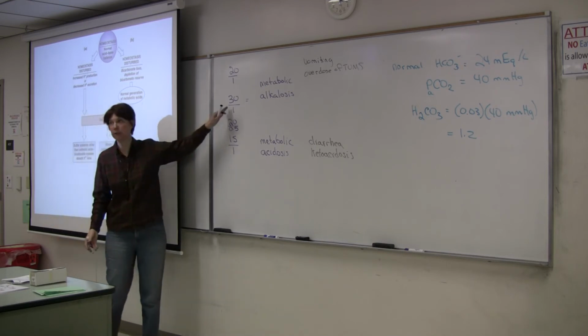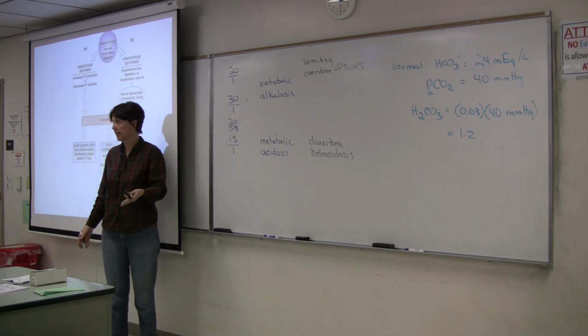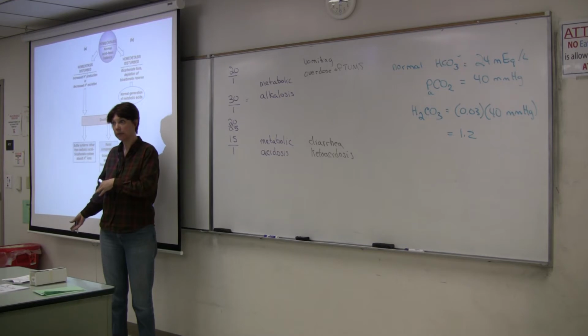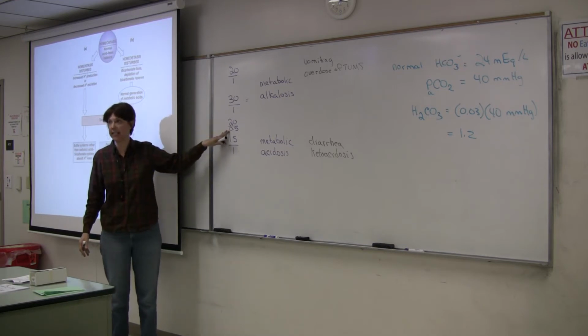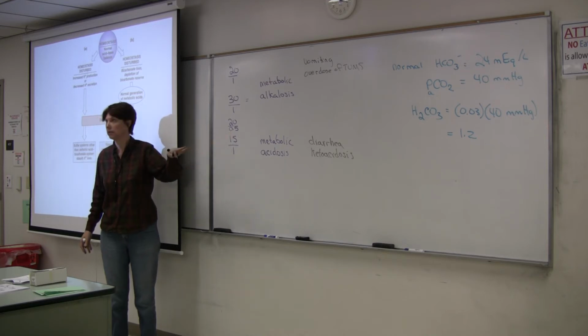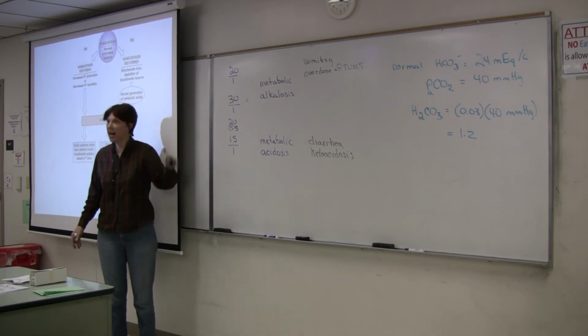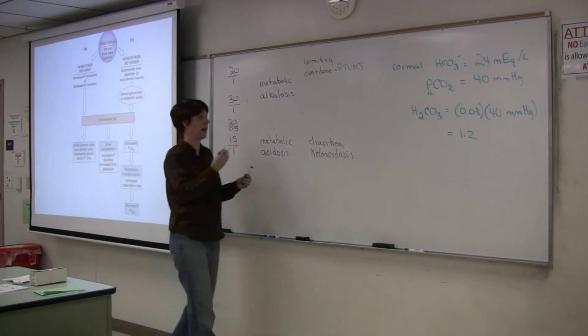Remember, the one refers to carbonic acid coming from carbon dioxide. So if we don't have our normal amount of carbonic acid, it's because we don't have our normal amount of CO2. How do we lose CO2? Hyperventilation is about the only way.